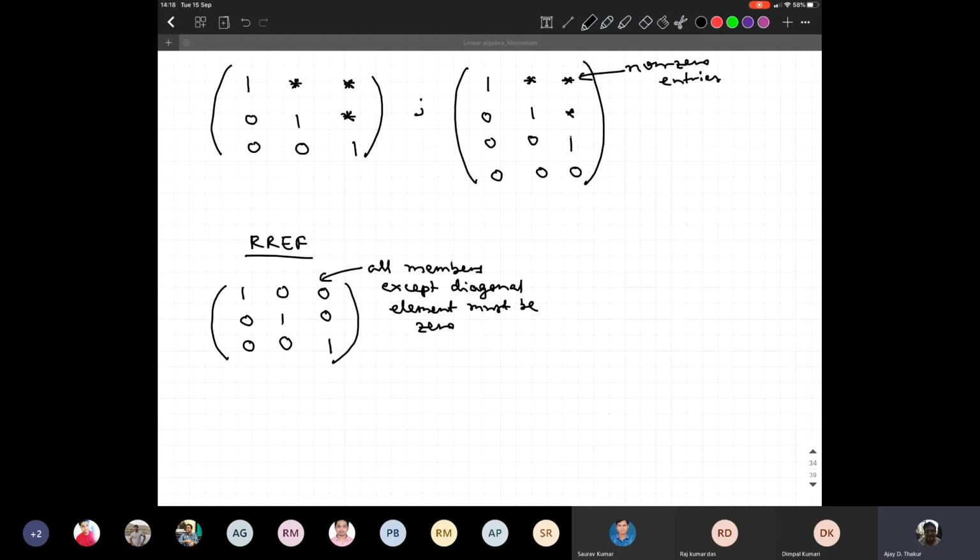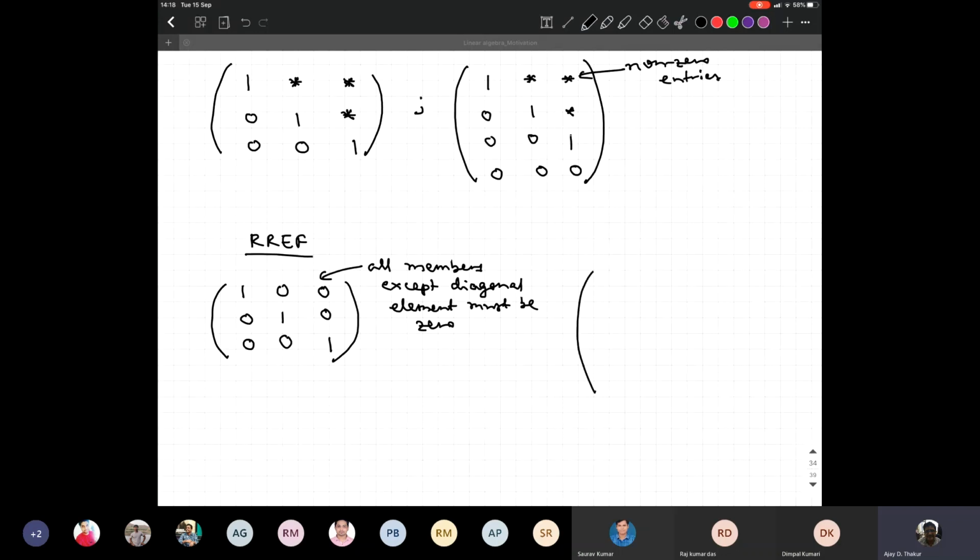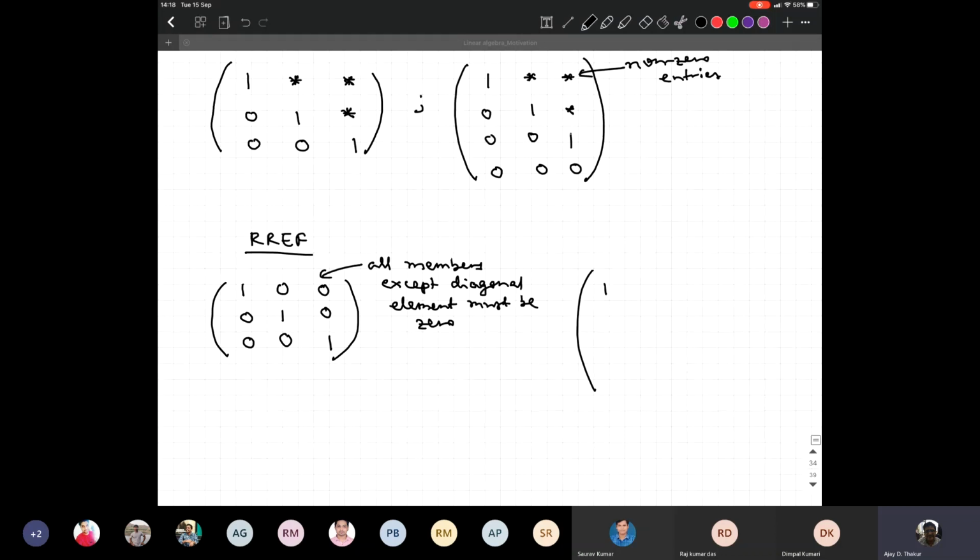The other form that can be seen: suppose I have a similar situation, with a 1 here as the first member, and the second member could be 1 here.